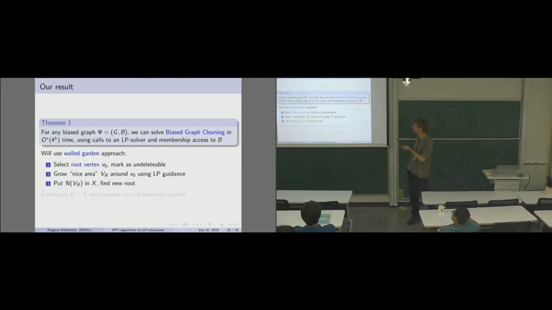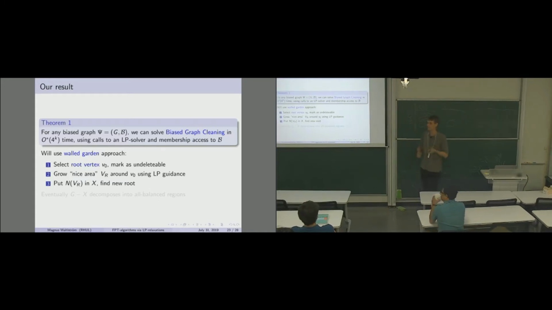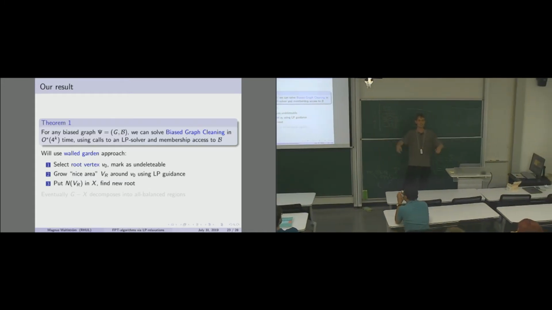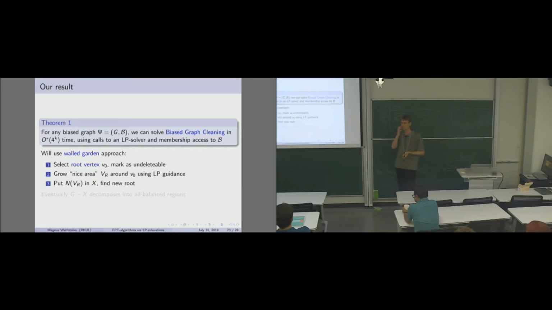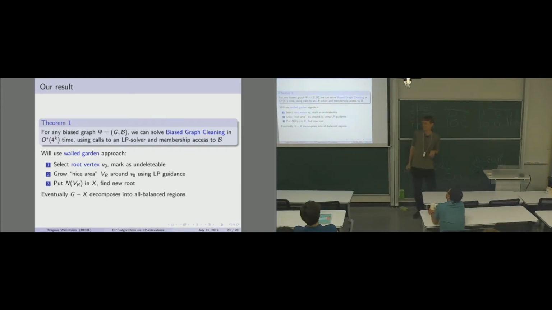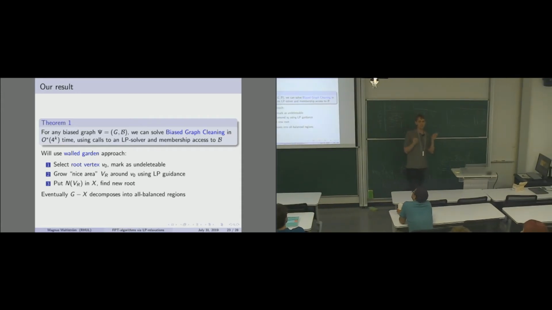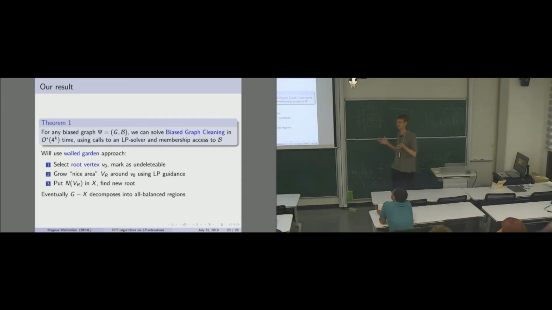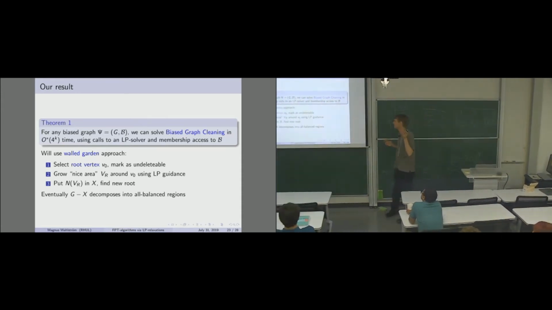So we grow a region around a root V0 using the LP. We delete all the neighbors of the region and we start over with a new root. Eventually, once we've done this, the graph has become completely decomposed into balanced regions and you have solved the problem.